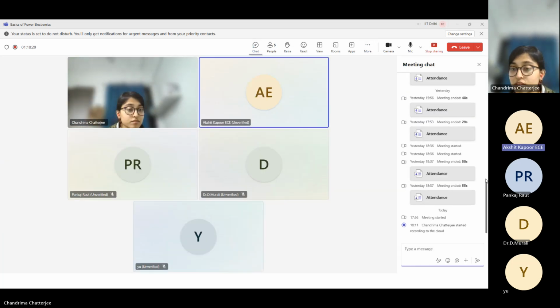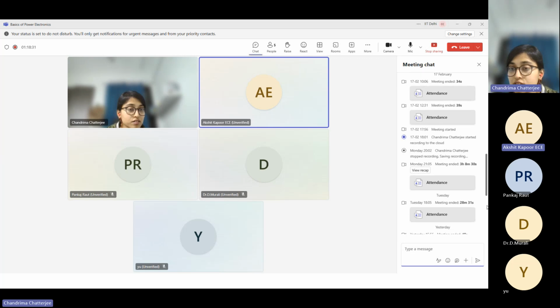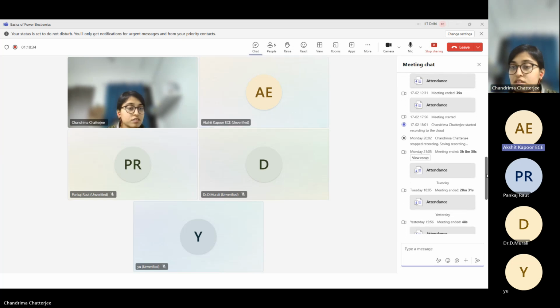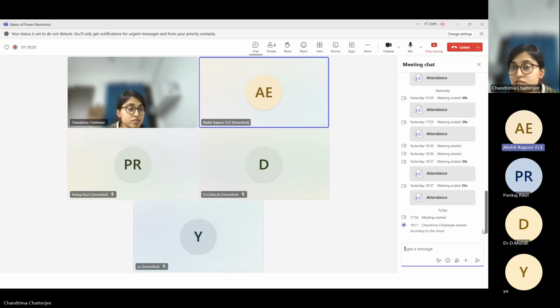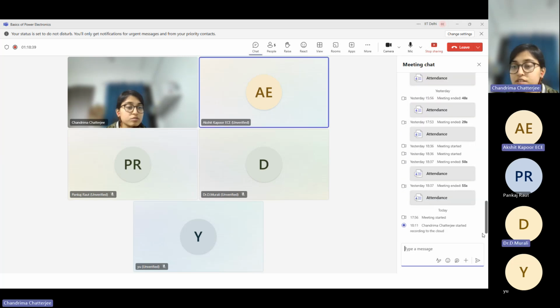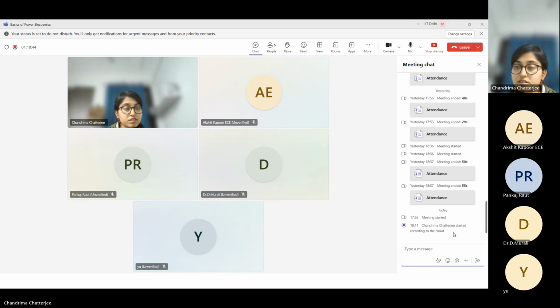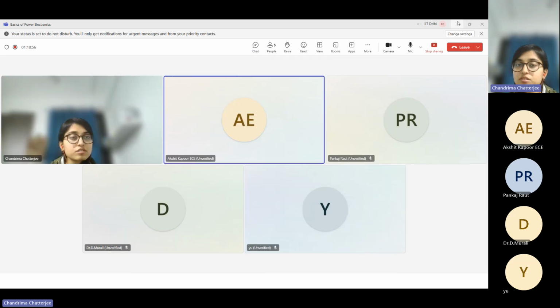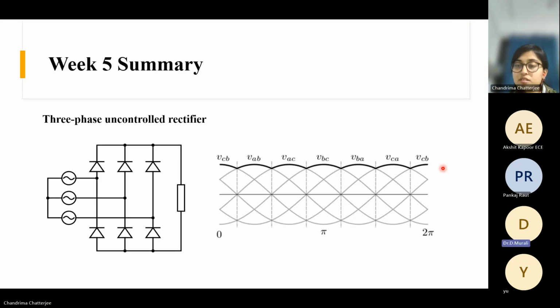It is off. Acha, you are not able to send any message here? Yes, ma'am. Acha, okay, I will see. Maybe it's a problem from my side.